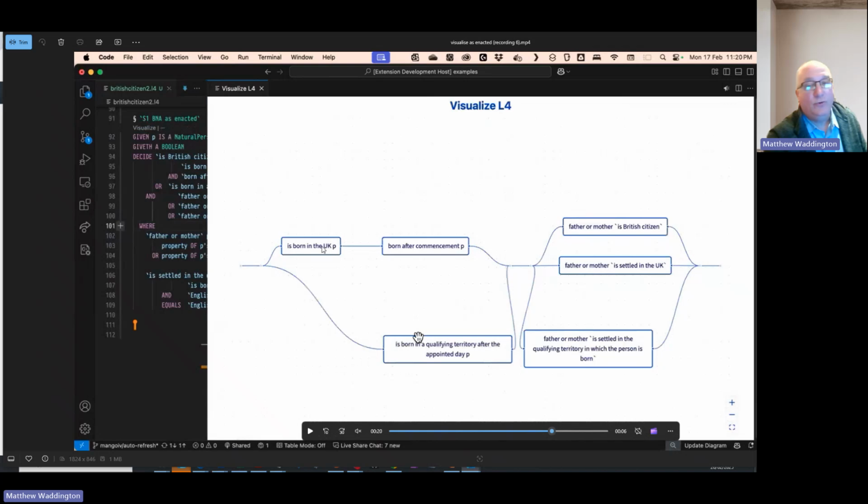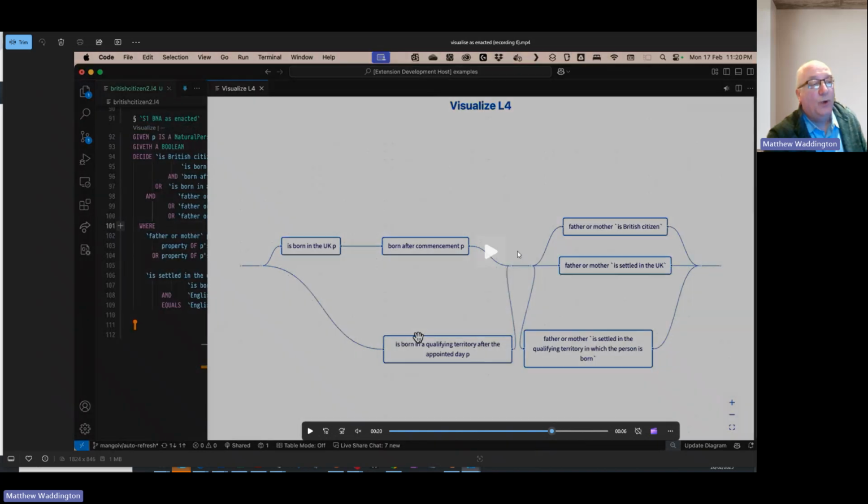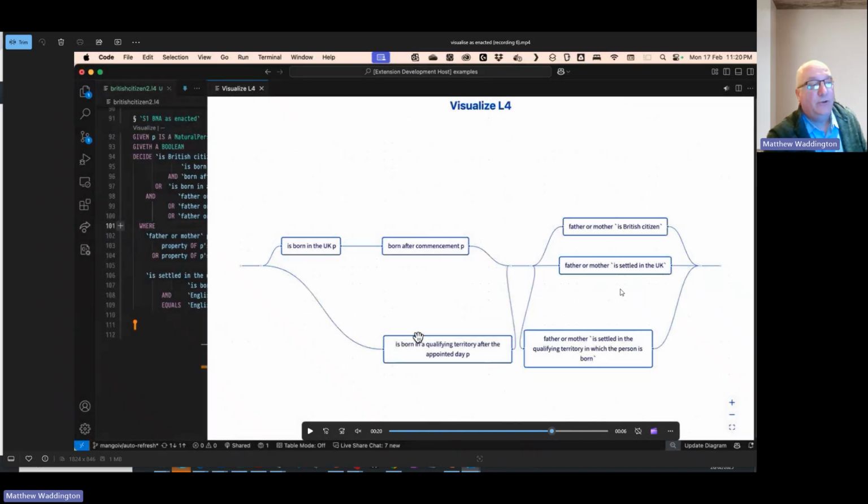It doesn't apply if you're born in the UK. But the way that the provision has been drafted, the way it's set out, it looks as if there is a valid route through it where you were born in the UK, you were born after commencement, and your father or mother is settled in the qualifying territory in which you were born, but you weren't born in a qualifying territory. So in the visualization, we've moved these together to illustrate the fact that they belong together.